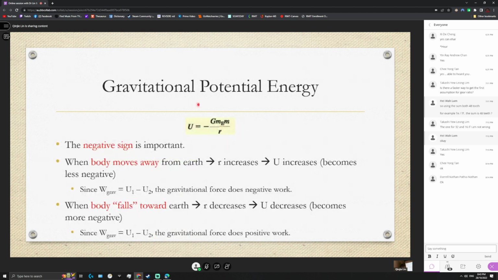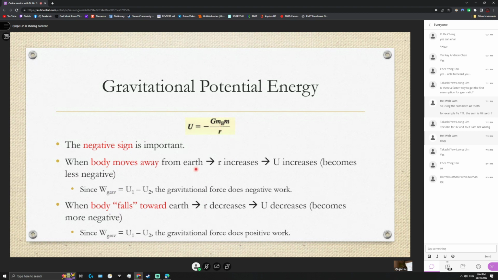So for this new term that we're looking at here, this gravitational potential energy, the minus sign in front is actually very important. It's the minus sign in front that makes these equations make sense. If not, it won't make sense really. Because think about it, when a body moves away from the Earth, r increases, correct?